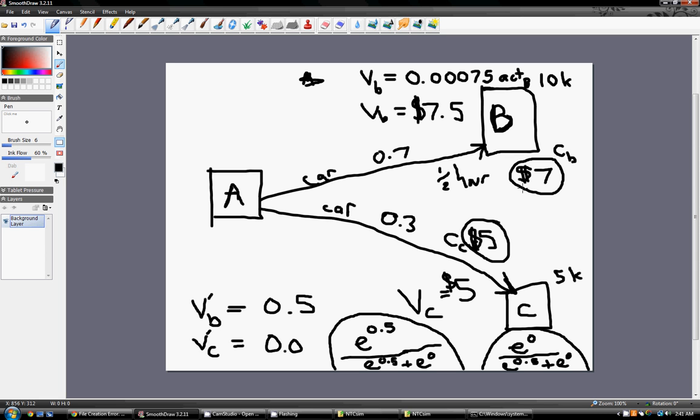The key message to take away is that the destination choice is determined entirely by this net value. And you think of that net value as an intrinsic value of a destination combined with the cost of getting to that destination.